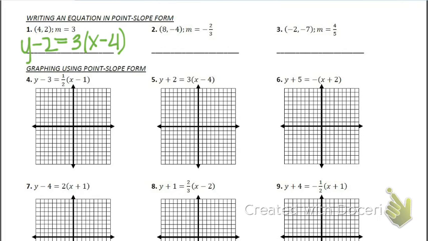So, we have y minus negative 4. So, if I have y minus negative 4, what actually happens?